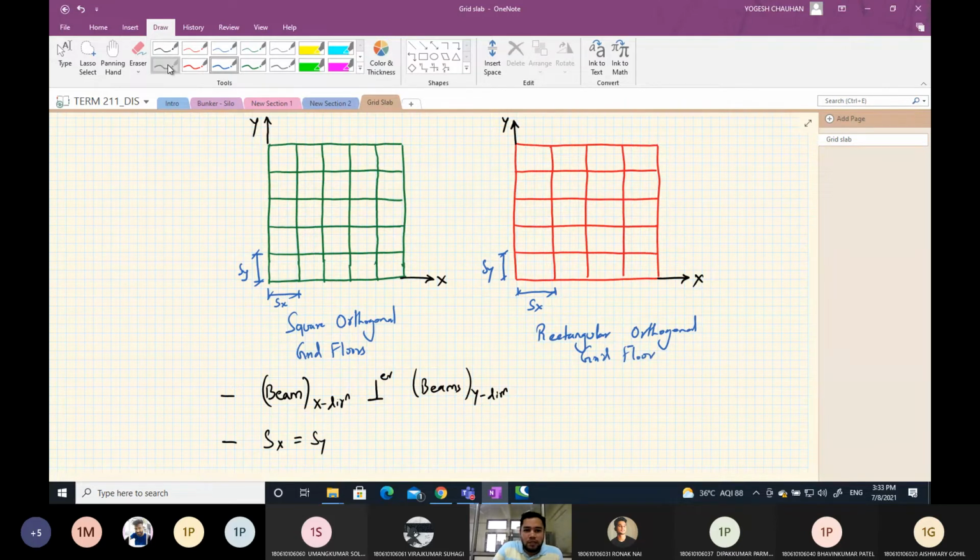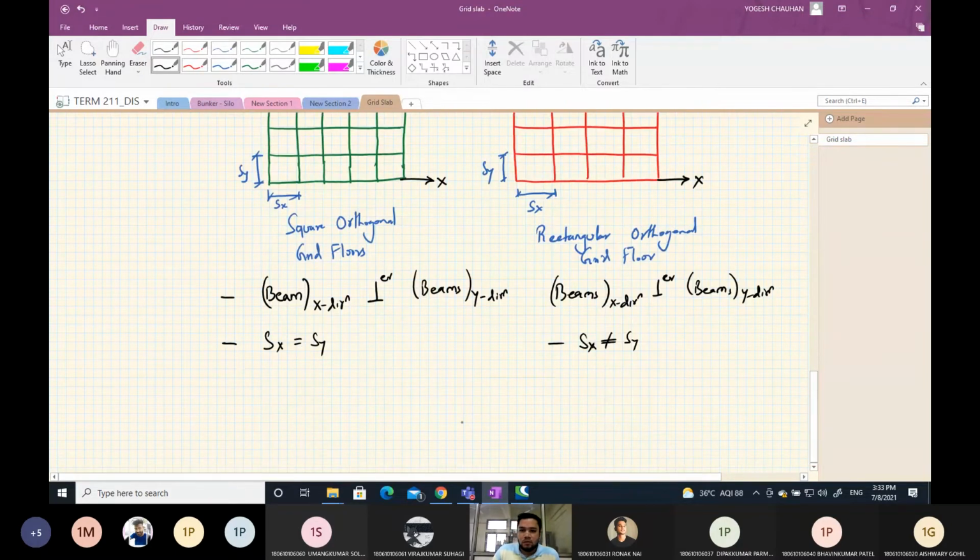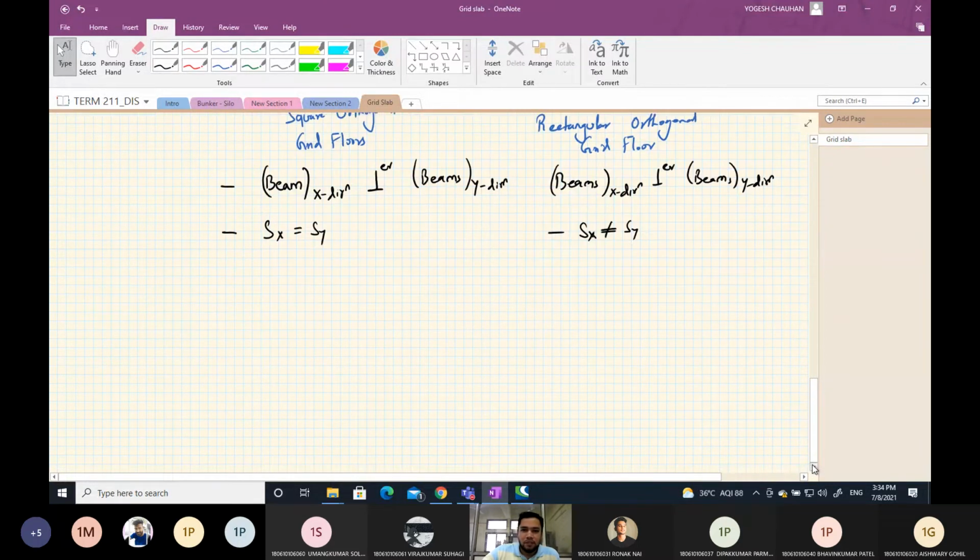So here also we have the beams in x direction perpendicular to the beams in y direction, but here spacing is different. Then the third type is diagrid, in which the beams are diagonally connected.